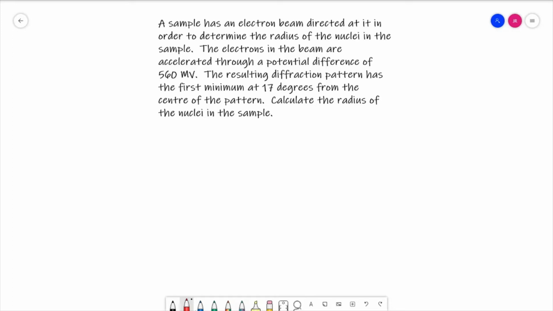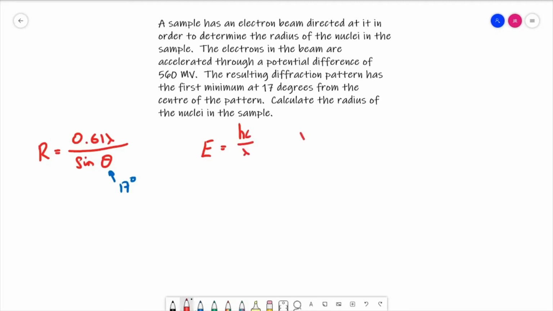So in order to calculate the radius then, we're going to take the equation r is equal to 0.61 lambda over sine theta. Theta here is given in the question, 17 degrees. We do need to work out lambda though. Lambda comes from E is equal to hc over lambda.